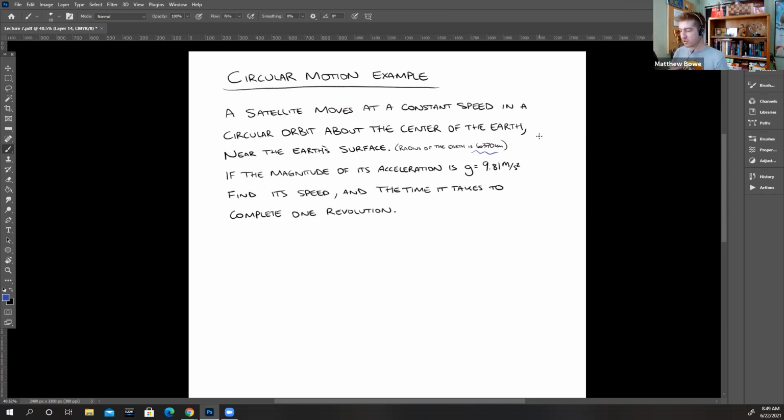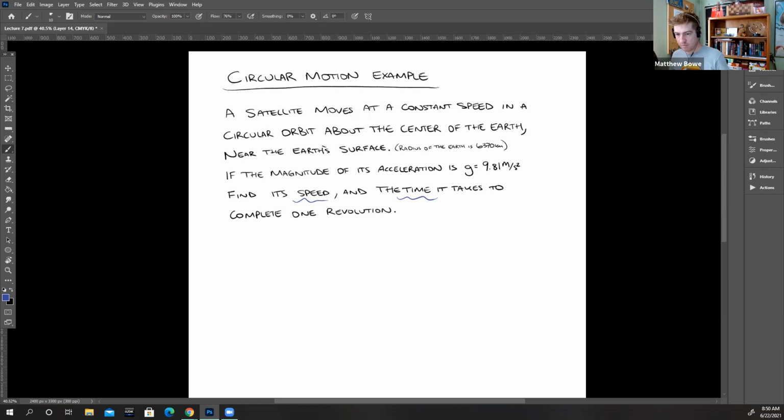So since there's no other value for a radius, that's what we're going to be using as a radius. If the magnitude of its acceleration is g equals 9.81 meters per second squared, we want to find its speed and the time it takes to complete one revolution.